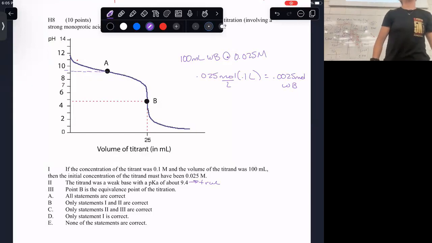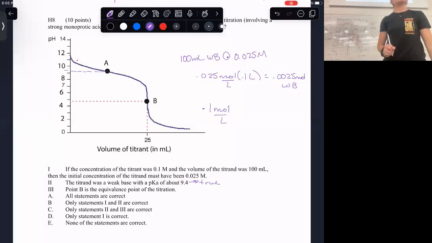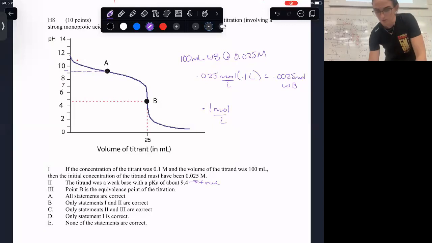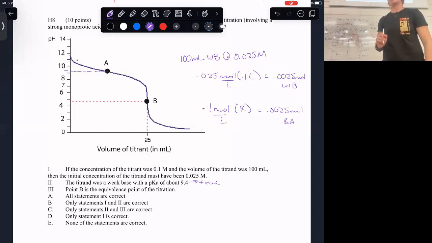If we want to find how many milliliters are needed to reach the equivalence point, just like how we needed to find the total volume for part C of the last question, we're going to take our 0.1 moles per liter of our strong acid times X to get how many milliliters are needed, equal to the same number of moles as our weak base.